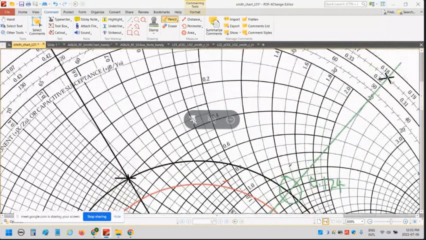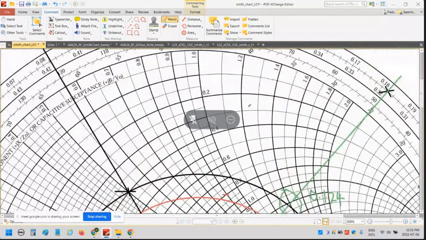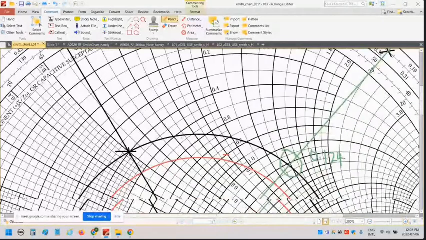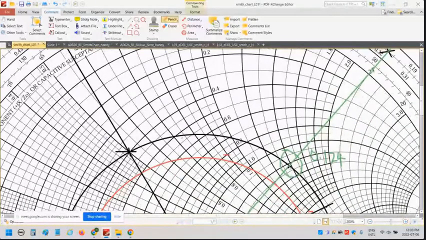Part J, you see that this one is 1.2, from here to here. And 1.4 is from here to here.